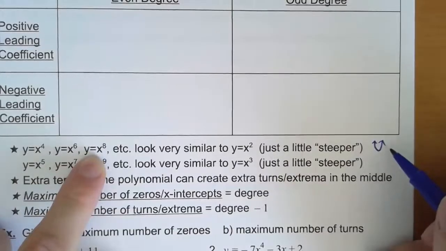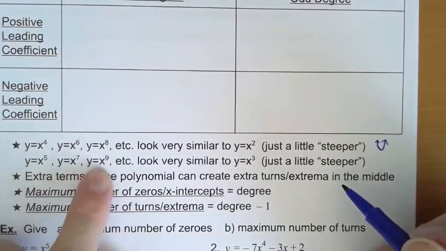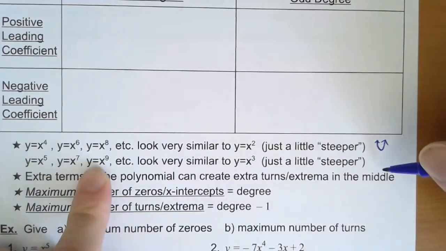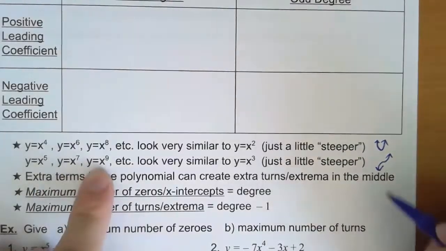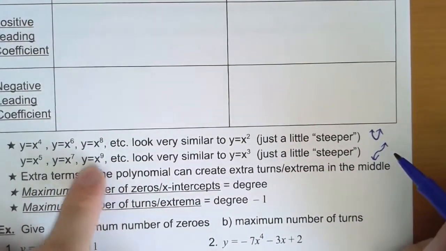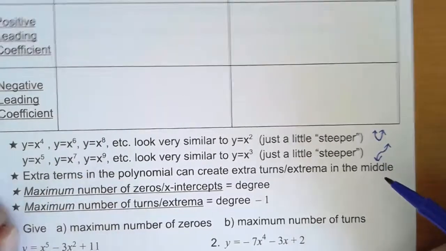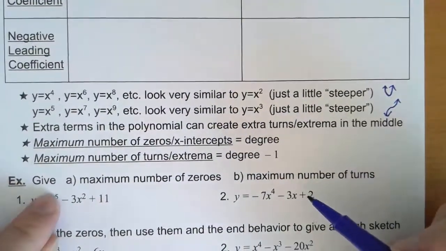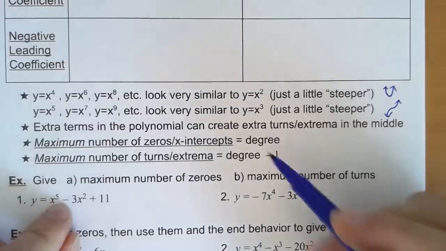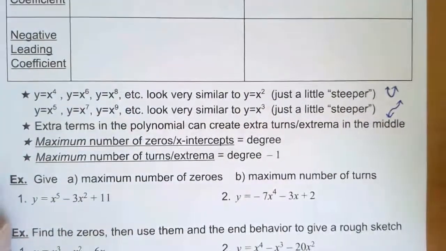The higher the exponent, the steeper or narrower it'll be, but it's just going to look like this. Same thing for all these odd degrees here. It's just going to look like our basic x cubed. Higher exponent, it's going to be a little bit steeper, a little bit narrower, but it's just going to look like that. Now, if we do have extra terms, then it can create extra turns in the graph.